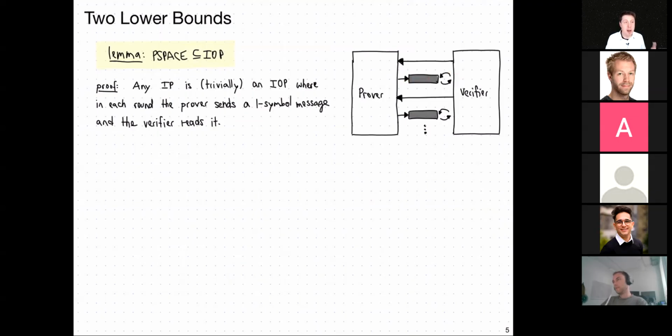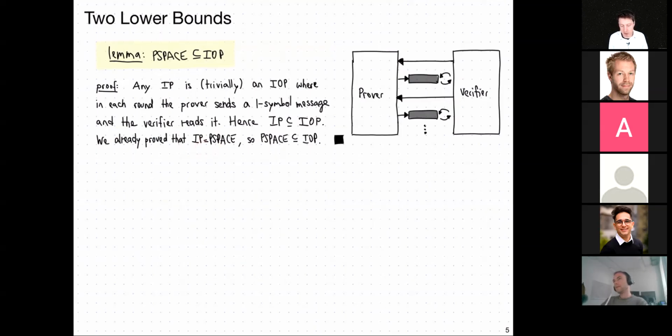That's just the message the verifier would have read in an interactive proof. I'm just saying slightly more precisely that IOPs generalize IPs. So IP as a complexity class is contained in IOP. We already proved that IP equals PSPACE, so we can at least express PSPACE because we can run an interactive proof.